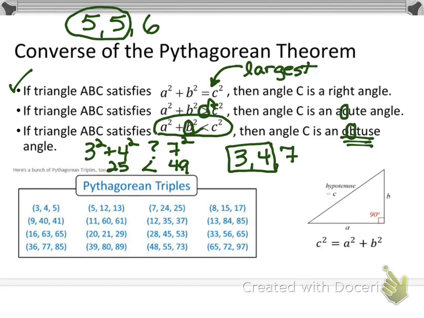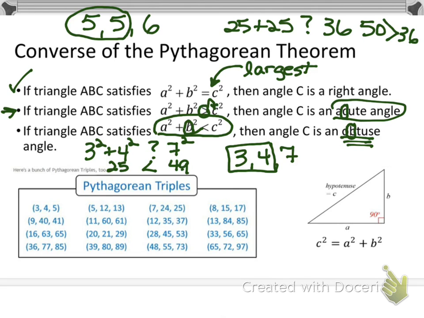So that's 25 plus another 25. And then question mark, 6 squared is 36. So 25 and 25 is 50. So 50 is greater than 36. Greater means that I have this second scenario, and therefore I have an acute angle.